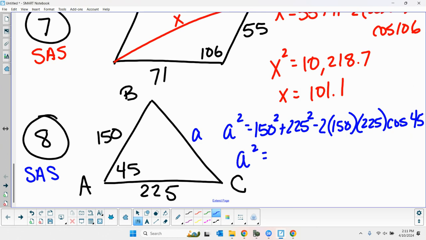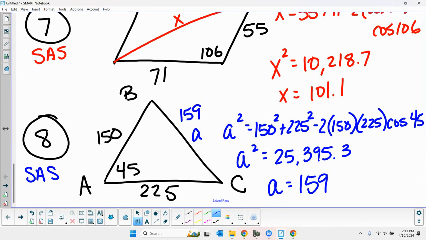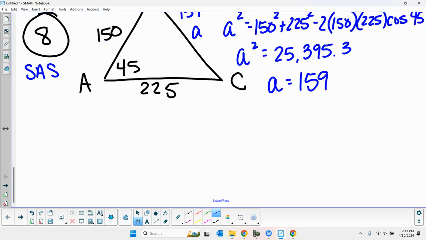And you get 25,395.3, but we're not done because we have to square root it, and it comes out to 159. I just rounded it to the nearest one. We're not done though, because the question is, find the perimeter. So add them all together.